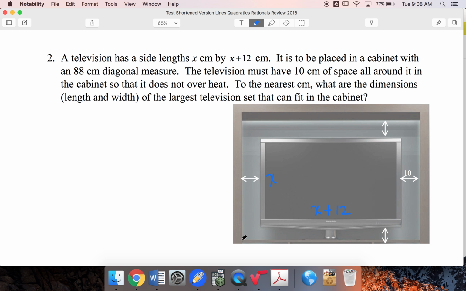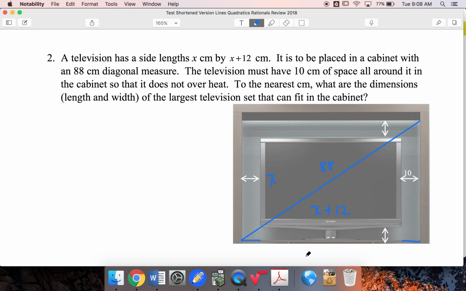Well, the diagonal measure is going to be from here to here, and we know that that's going to be 88. So if we look, we have a right triangle here, and in my right triangle, this bottom length is going to be x plus 12 plus the extra 10 centimeters here and the extra 10 centimeters here.